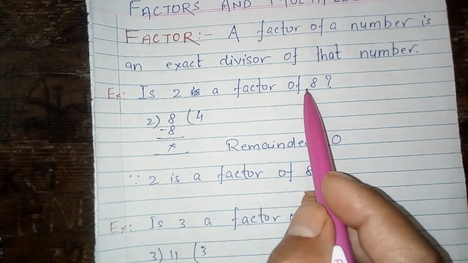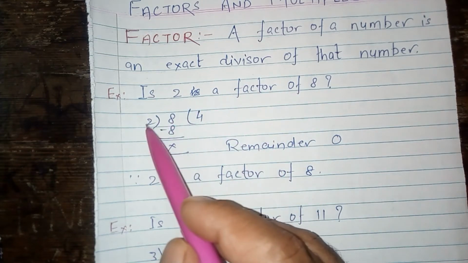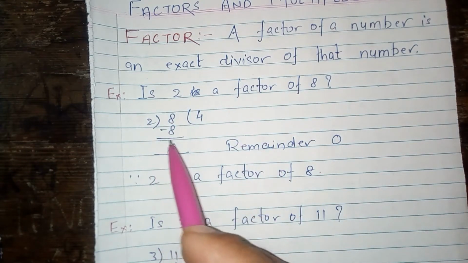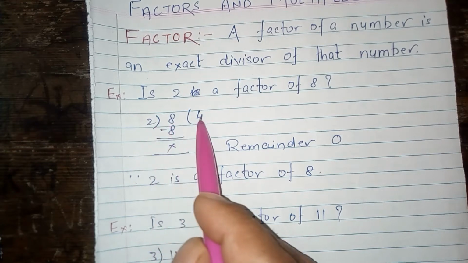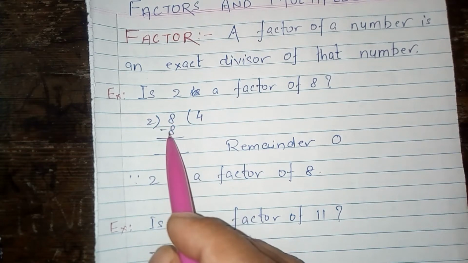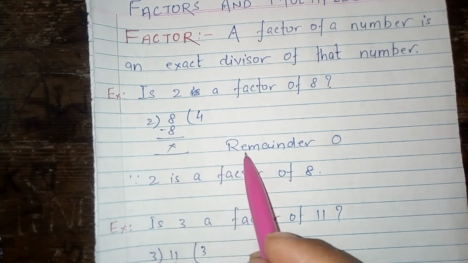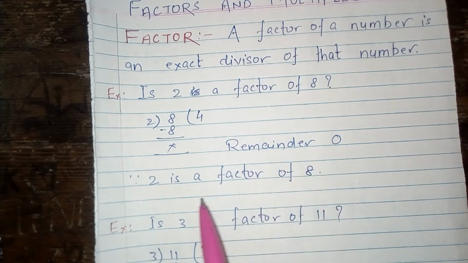So the bigger number is divided by the smaller number. 8 divided by 2, what will you get? 2 fours are 8, 8 minus 8 is 0. Remainder is 0. The meaning is 2 is a factor of 8.